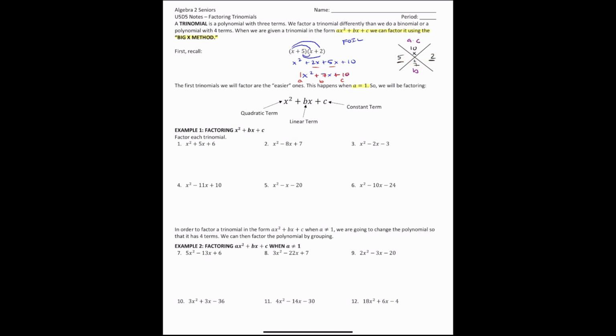And guess what? We'll write (x plus 5) times (x plus 2), right? These two values here are indeed positive, so we put a plus sign for each of them. Hopefully that makes sense as we go through these examples.